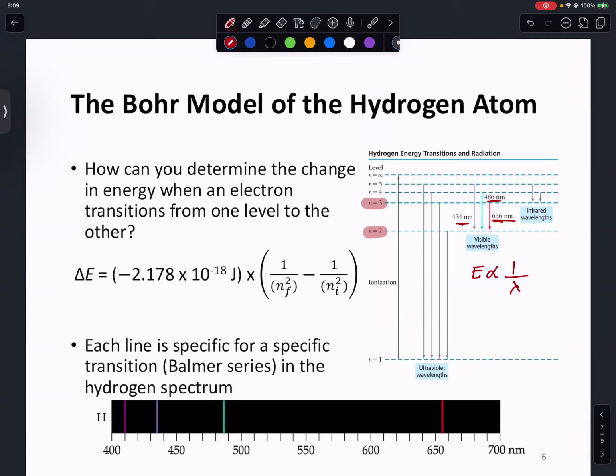So the larger transition, or the larger difference in energy, means that I have a lower wavelength.